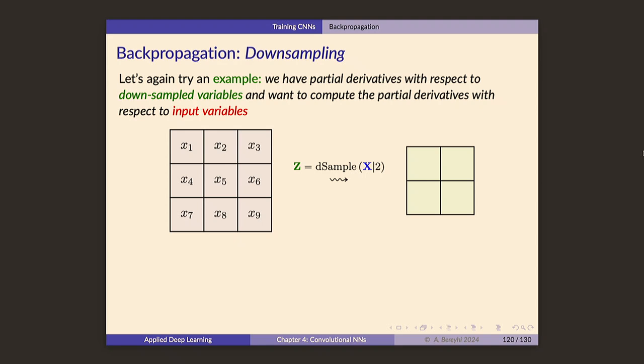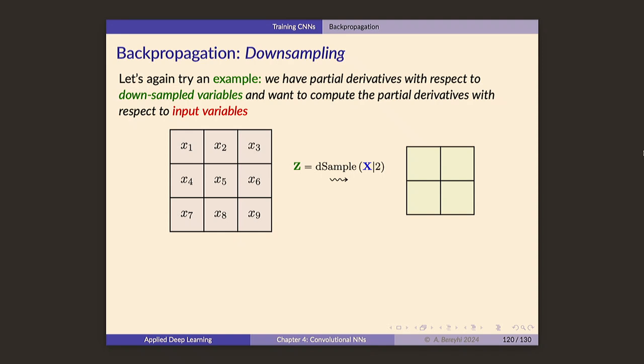And now, if I want to move backward from the output of this to the input, I simply need to move backward from the output of this downsampling to this point. And from this point on, we do know how to move backward, right? So I need to know how to go backward over downsampling. So how can I do this?